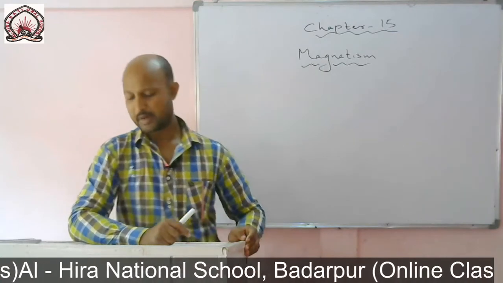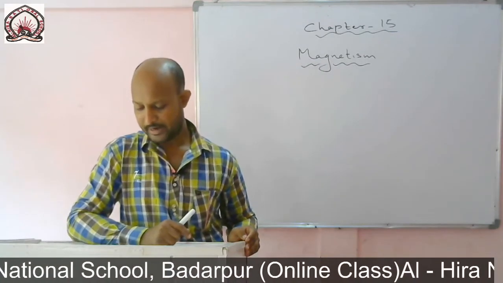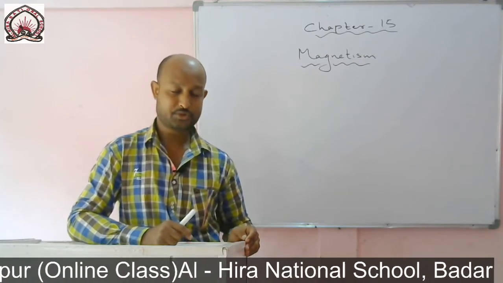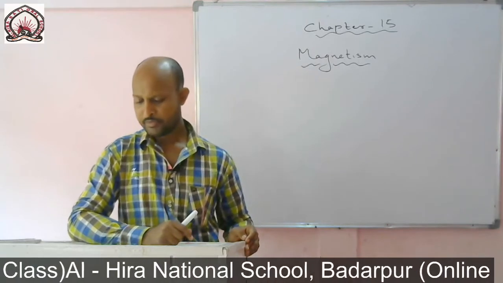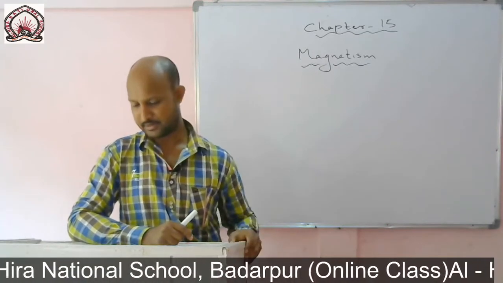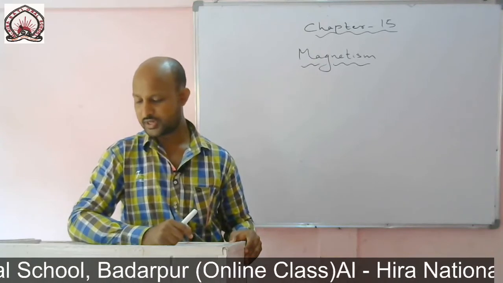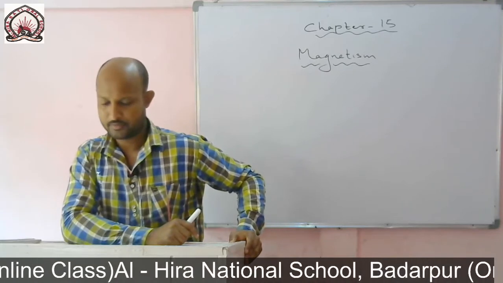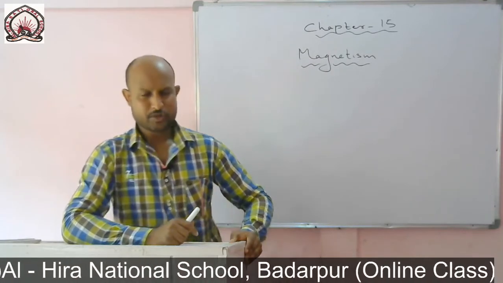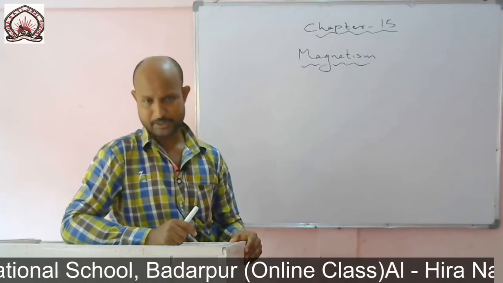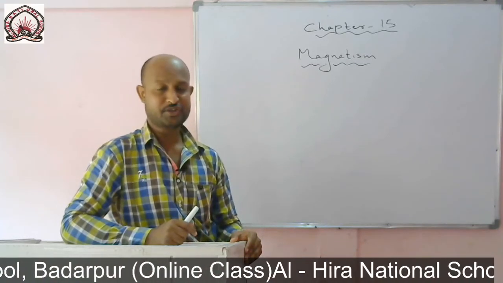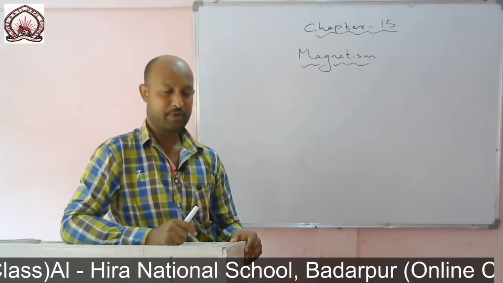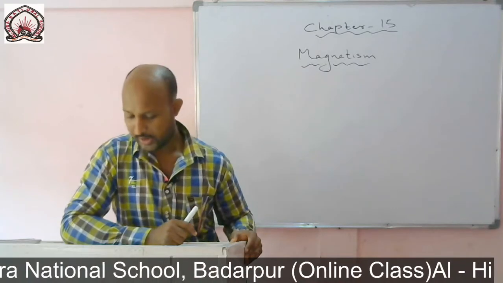So let us learn some other properties of a magnet. I have already told you that a magnet has only one property, that is it helps to attract magnetic substances. Magnetite is a natural substance or natural magnet, while the magnets you see around you are made artificially from a variety of metals. Magnetite is the natural magnet which was discovered by the ancient travelers, who used it for finding their way.